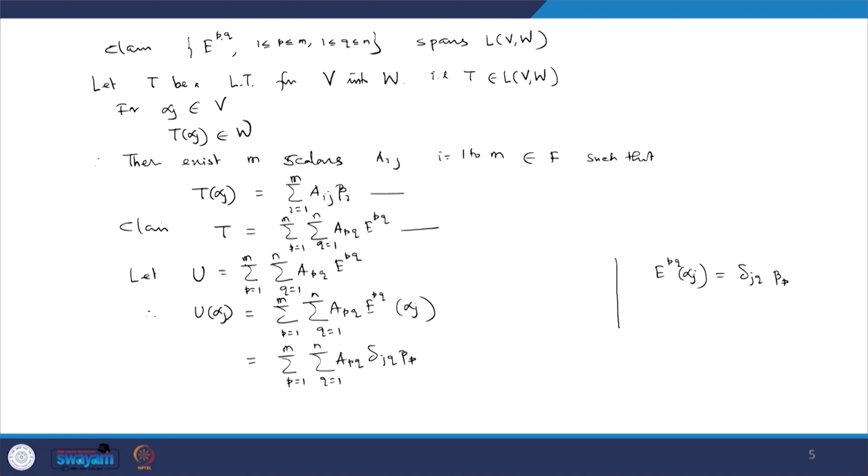So, this means that this is equal to simply the sum over p equal to 1 to m when j equal to q, a_pj beta p. If I see this definition of T and here also I am getting the same, this is equal to T of alpha j.